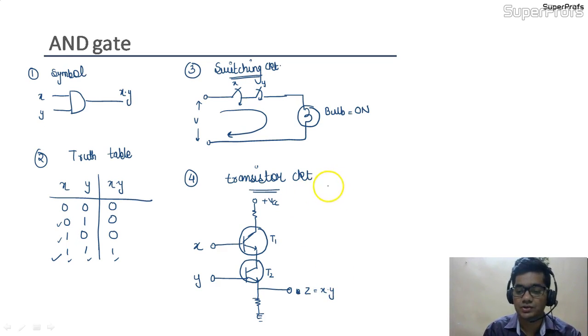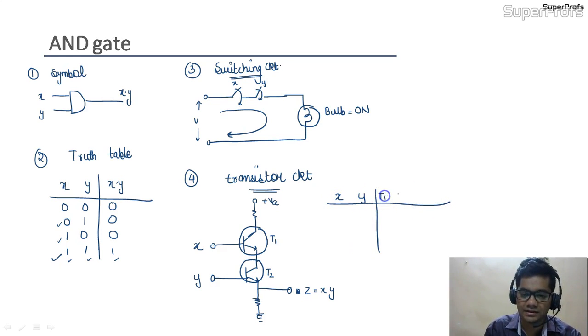Now we are going to see its truth table, students. This is X, this is Y, this is T1, this is T2, and this is our output X dot Y. Let us give the inputs 0 0, 0 1, 1 0, 1 1. If any one of the inputs or both the inputs is in off condition, that is 0, or low logic or ground, the transistors would be off.